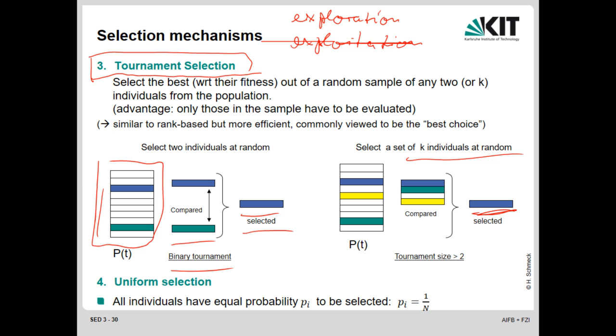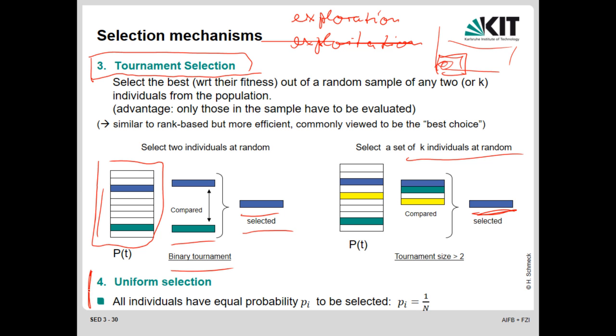Exploration means we would like to actually go quite far or look at all the different areas in our search space. And exploitation means if we are in an area in our search space and we see some interesting areas, we would like to spend our time mostly in that area and we don't consider other areas. That would be exploitation of the location or the area where we currently are. And the different selection mechanisms have different properties with respect to exploration and exploitation.